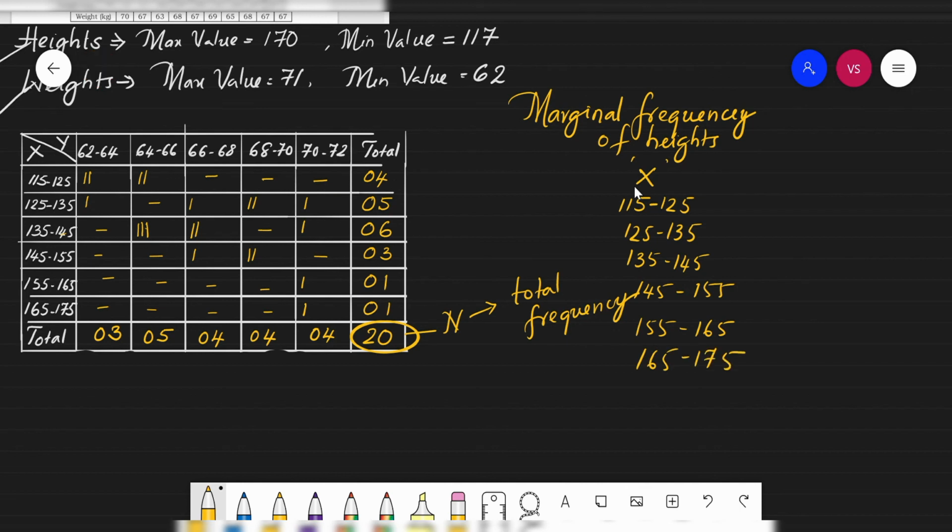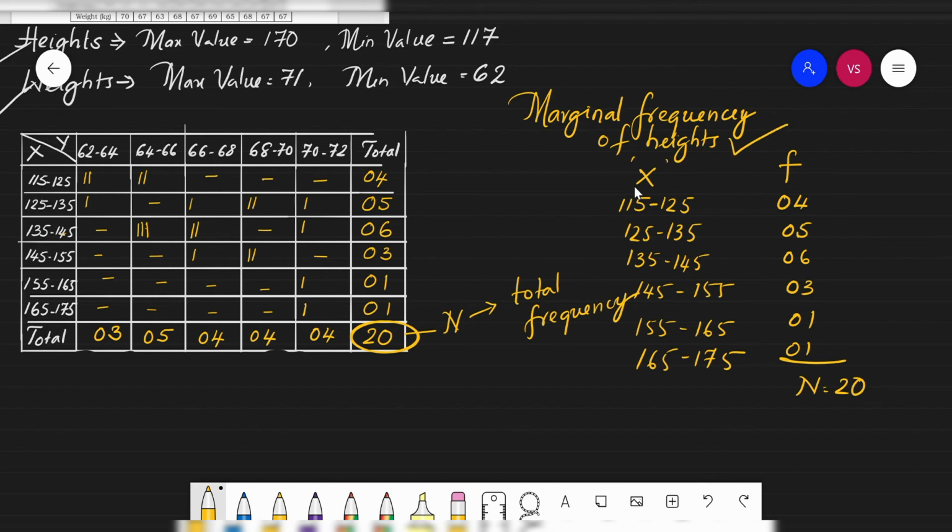Then we have to write the frequencies of each. For 115 to 125, the frequency is 4. For 125 to 135, the total frequency is 5, and this would be 6, this is 3, this is 1, and this is 1, and total n is equal to 20. So this is how we write the marginal frequency distribution of heights, students.